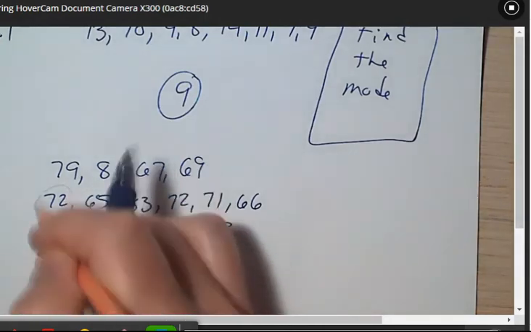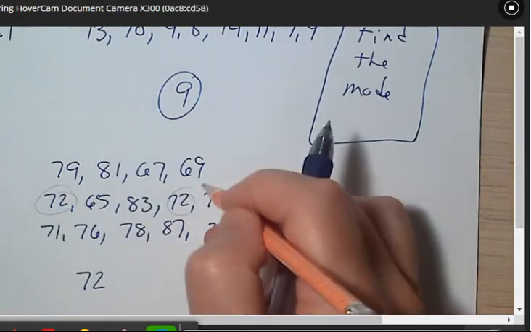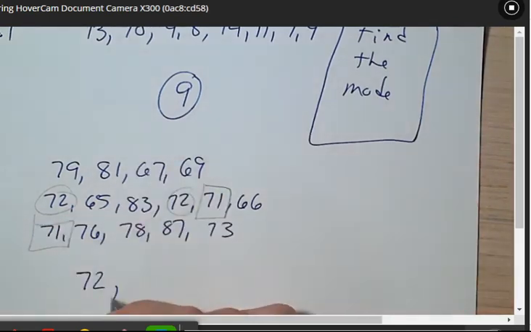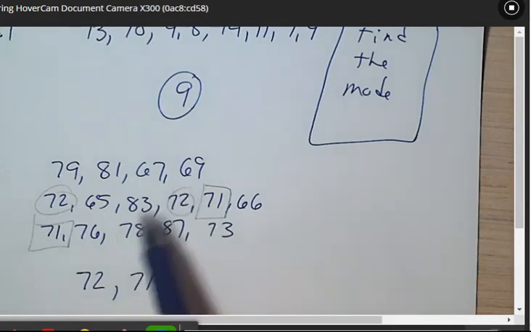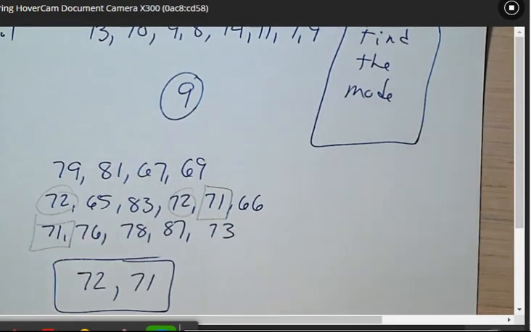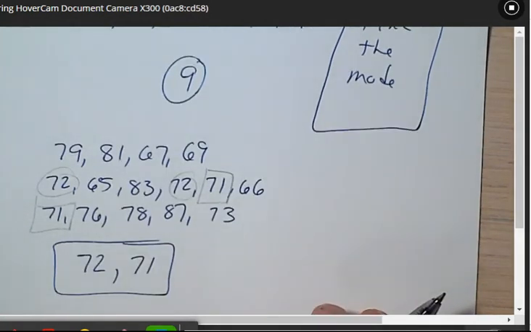And I think the only other thing that shows up twice would be the 71. 68, 78, yeah, that would be it. So for that one, you have 2 answers. There are 2 modes, 72 and 71.